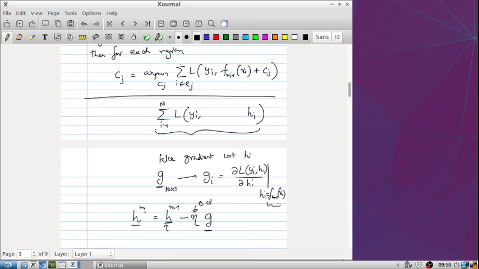The predictions by the mth function are going to be minus eta times g. So the mth function's predictions are going to be this.